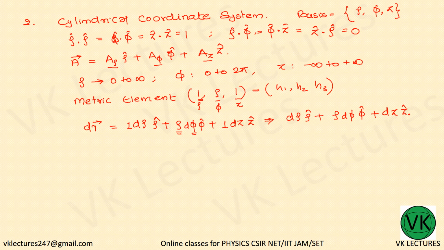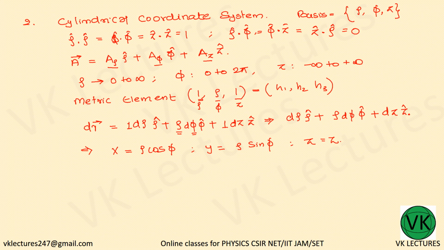Now if you want to convert this cylindrical coordinate system to the Cartesian coordinate system, we have to write x equal to rho cos phi, y equal to rho sin phi, and z equal to z.